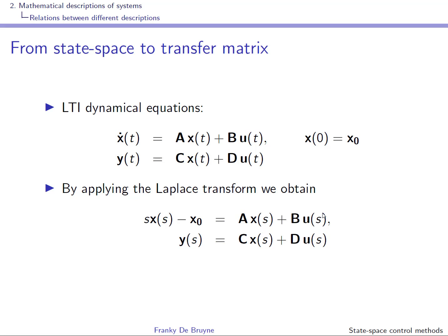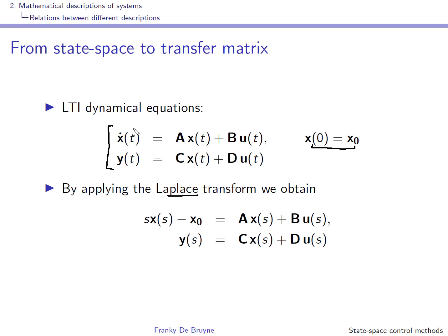So this is the LTI state space description that we've encountered previously in the course with the initial condition, and we have seen that you can find the solution of this dynamical equation, but very often it's easier to work in the Laplace transform, as we have seen in the course of signals and systems. So what you can do is go to the Laplace domain, so you take both equations and apply the Laplace transform.